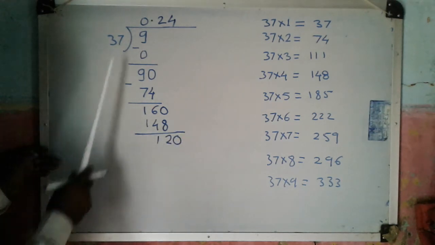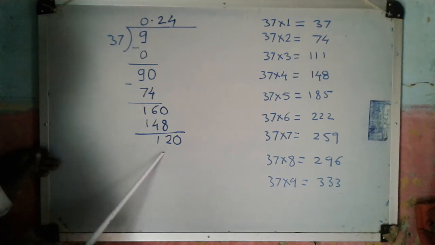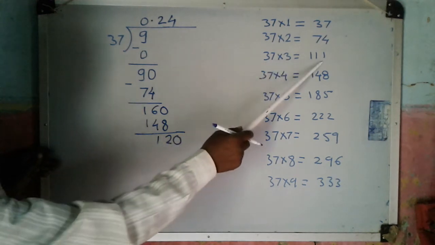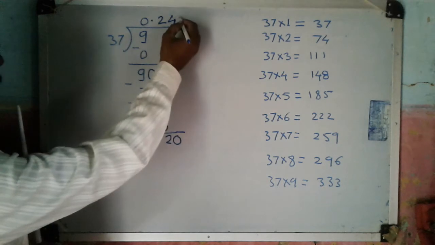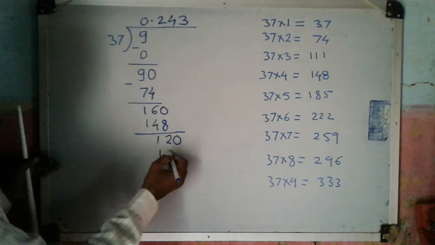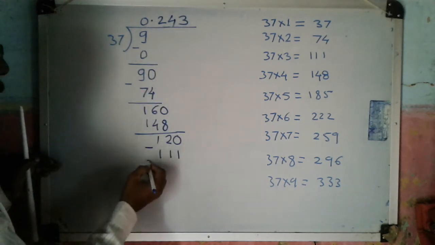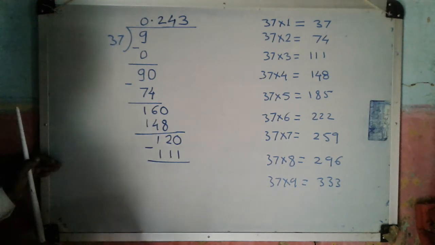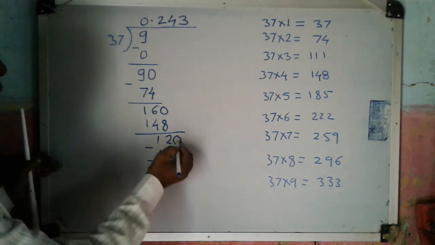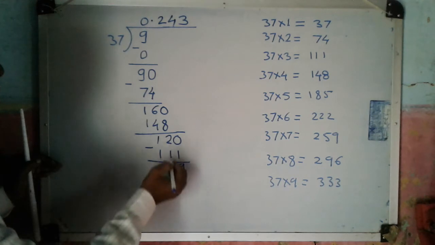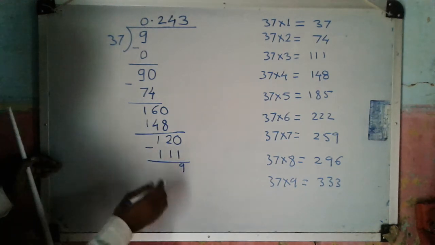Divide 120 by 37. Here 37 3s are 111. Subtract this. 10 minus 1 is 9, 1 minus 1 is 0, 0. So here the remainder is 9.